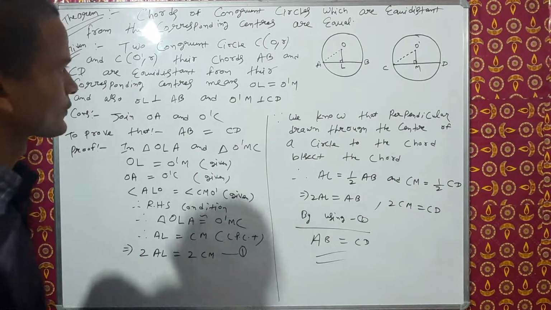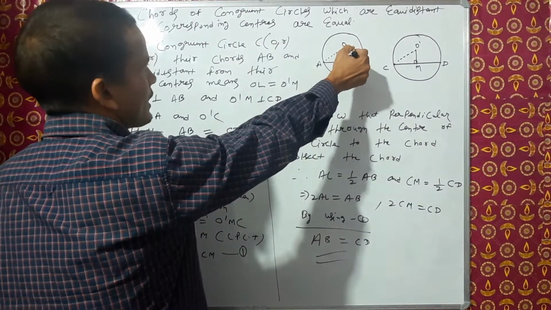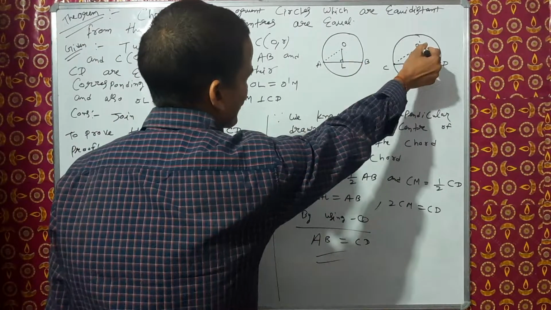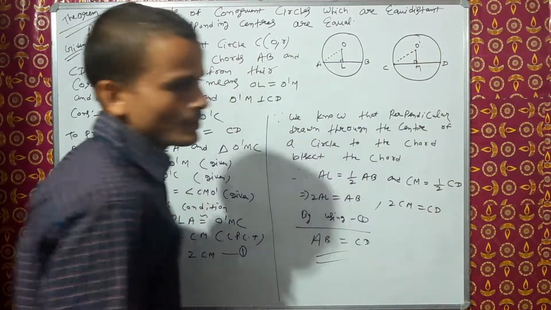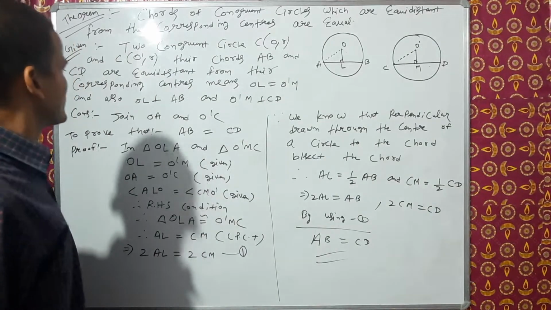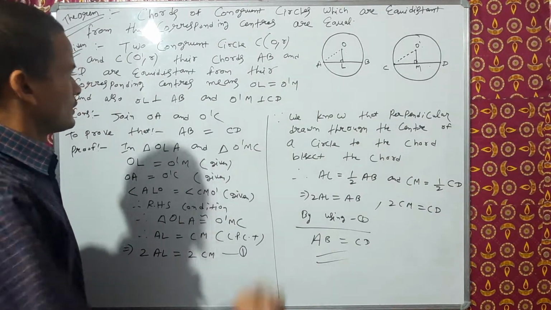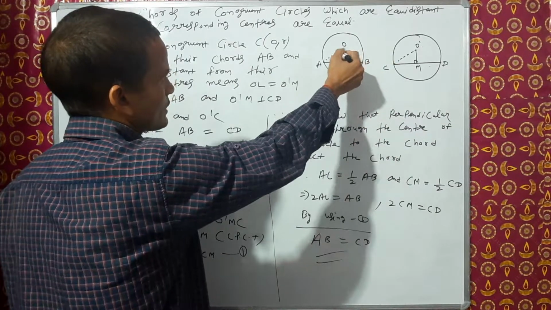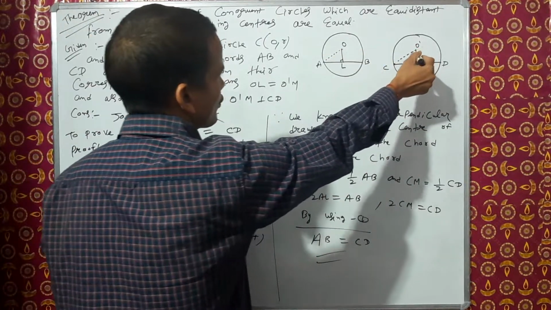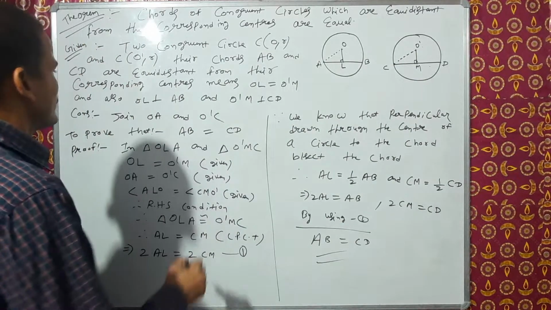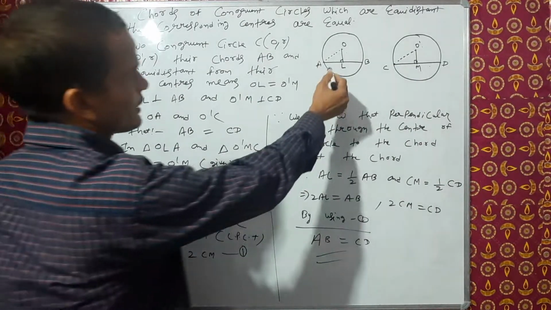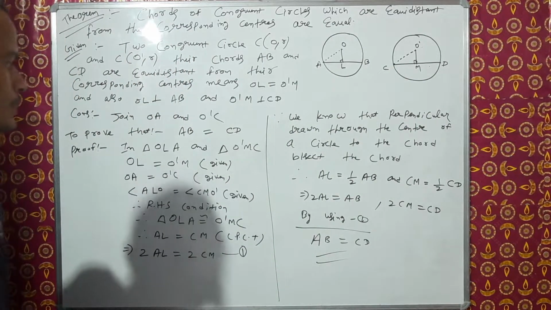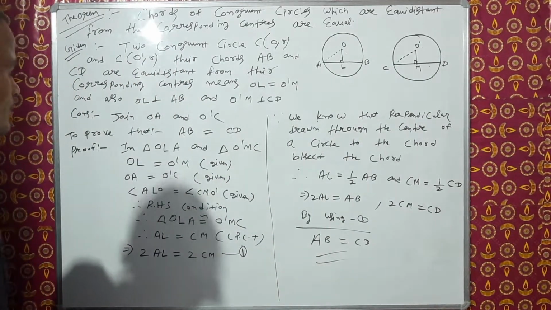Also OL is perpendicular to chord AB and O dash M is perpendicular to chord CD. We do the construction in both figures: join OA and join O dash C. We need to prove that chord AB is equal to chord CD. So we start the proof.